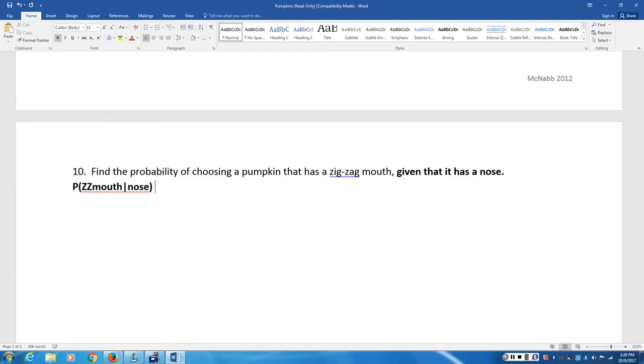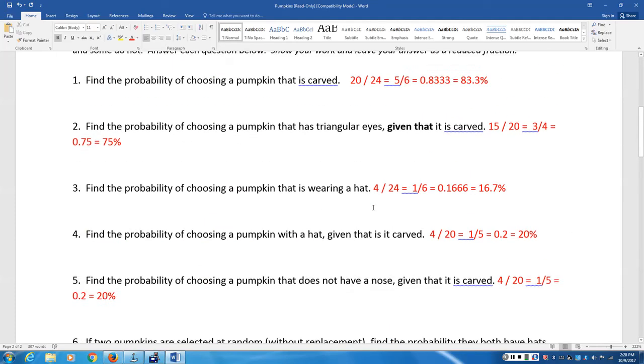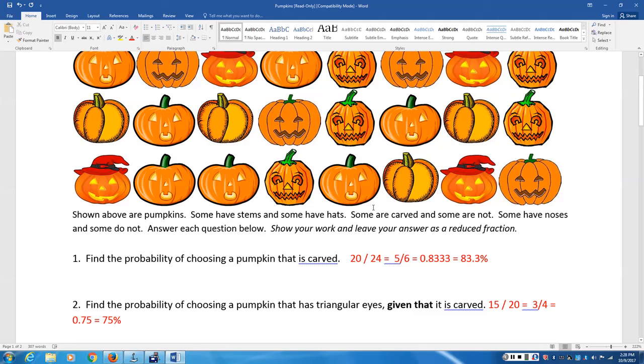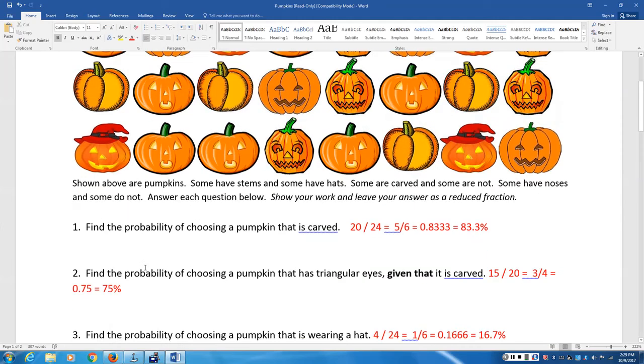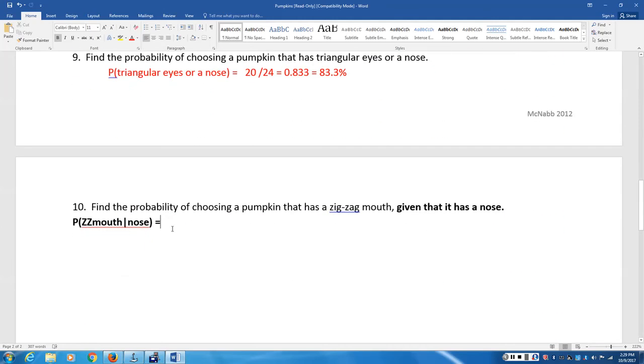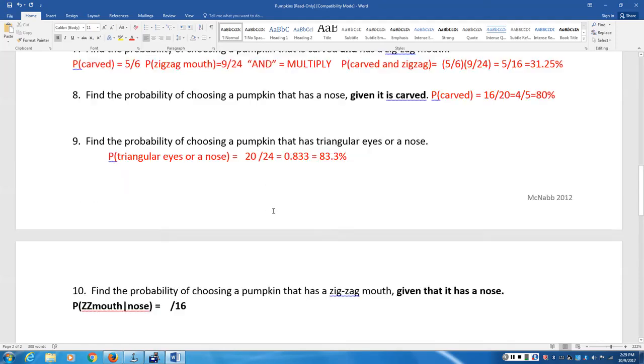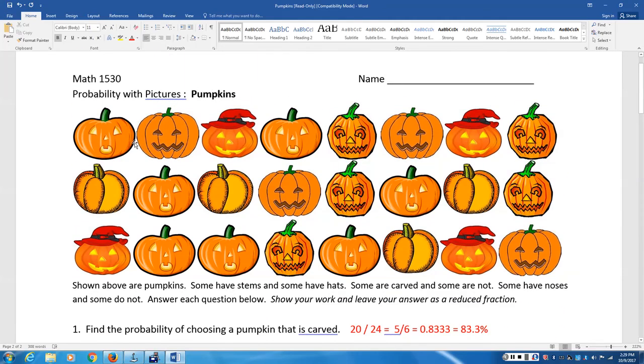So we know, see how many we got with noses? You said 16. 1, 2, 3, 4, 5, 6, 7, 8, 9, 10, 11, 12, 13, 14. I missed somebody. I'll take y'all's word for it. So how many of those had zigzag mouths? Let's see, that one's got a zigzag mouth but no nose.